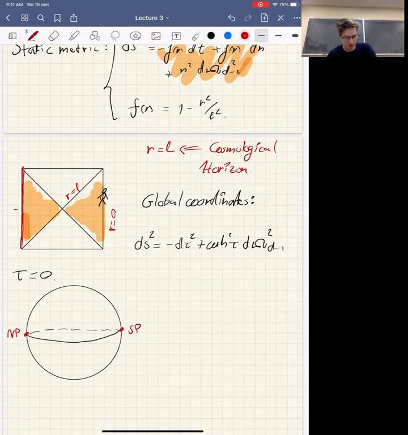So this would be the North Pole, and this would be the South Pole. You already see from this picture of the sphere that I can take two different antipodal points, and then I would select two different static patches. Said differently, if I look at the isometry group of de Sitter space, there are isometries that do not leave the static patch invariant.